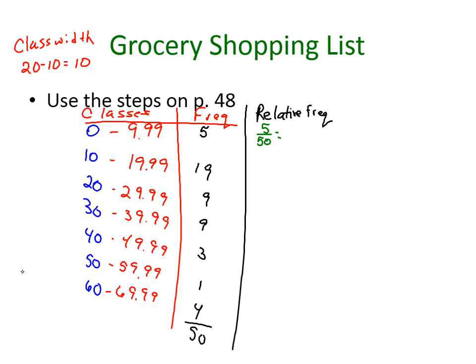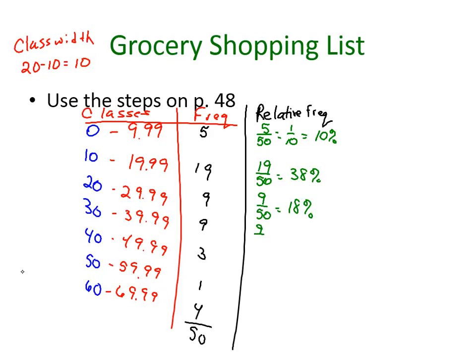Well, 5 out of 50 would reduce down to being 1/10. 1/10 is equivalent to 10%. So you can either write it as a proportion, where it's the 1/10, or you can write it as a percent, as that 10%. If we look at the next one, we had the 19 out of 50. Well, 19 out of 50 does not reduce, but that becomes that 38%. We could look at having the 9 out of 50, which would be the 18%.